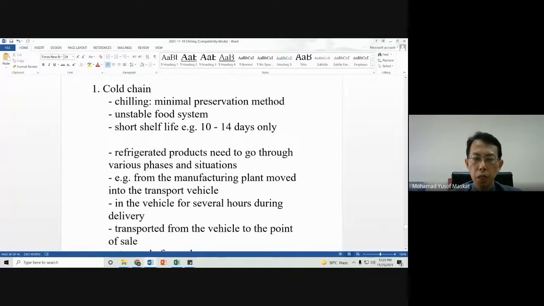That's why it is popular, because it only imparts minimal preservation to the product. So the product basically is 70-80% the same as before it is being preserved. However, because of that it is also unstable. It has a short shelf life, for example, 10 to 14 days only.